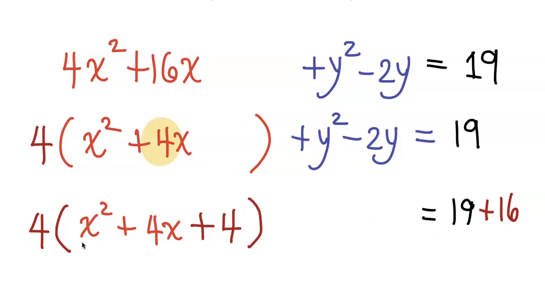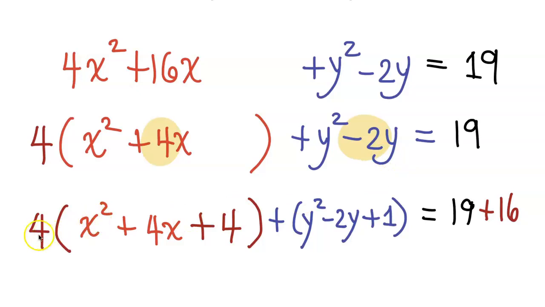Now let's do the y's. Y squared minus 2y. Now, in order to figure out what we are adding, take half of the middle number and square it. Half of negative 2 is negative 1. But when you square negative 1, you get positive 1. Now, unlike the x's, we don't have a number in front of this.